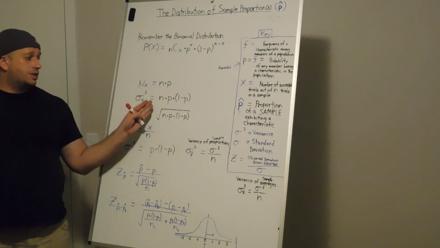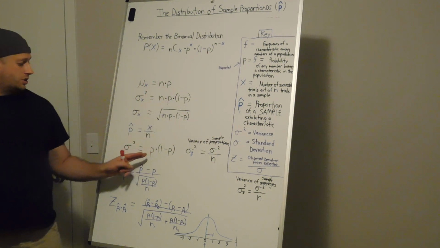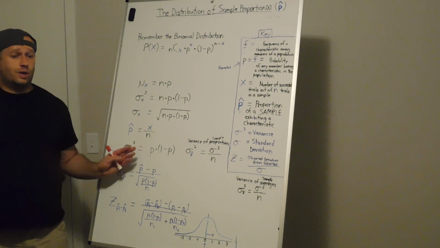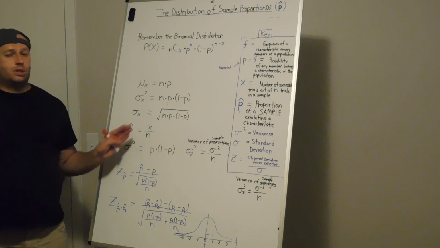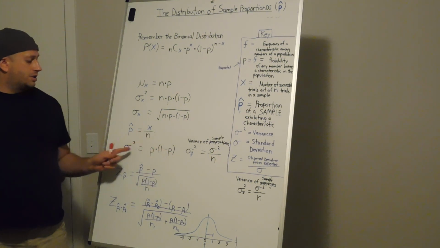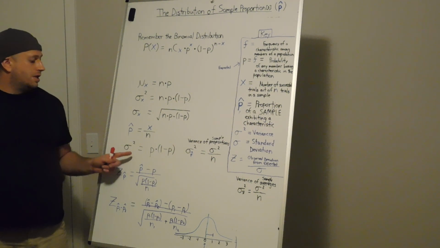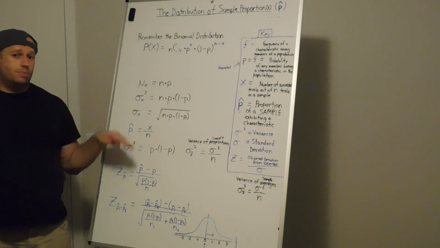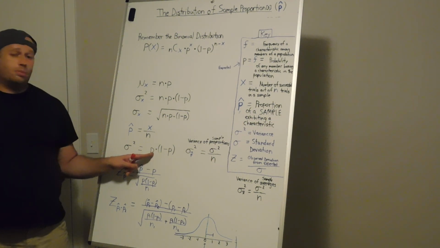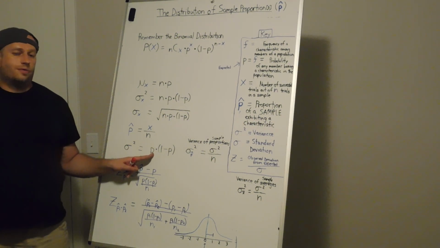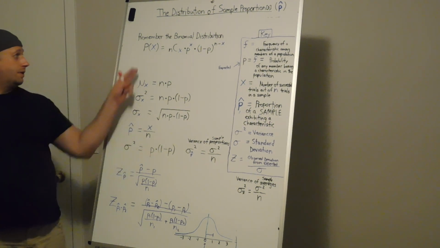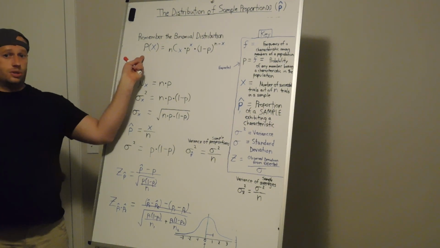Then the standard deviation of that will be the square root of this, which I show here, p and 1 minus p, because we don't care about n, we don't actually care about the number, we just care about the proportion. And the proportion is going to be the same thing as the probability, because this is with the population. So the binomial distribution sort of mirrors the proportion in the fact that you're looking at the probability of getting something or the fraction of something, and that fraction actually determines the probability if you're thinking about it as a binomial distribution.